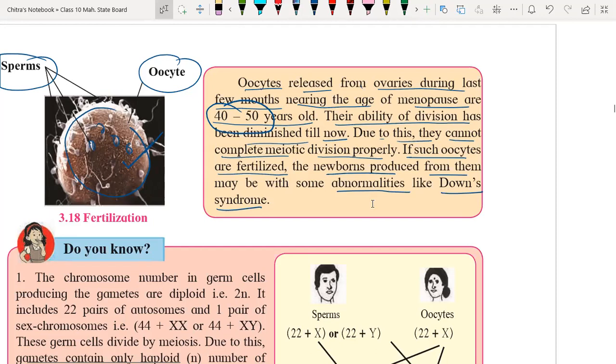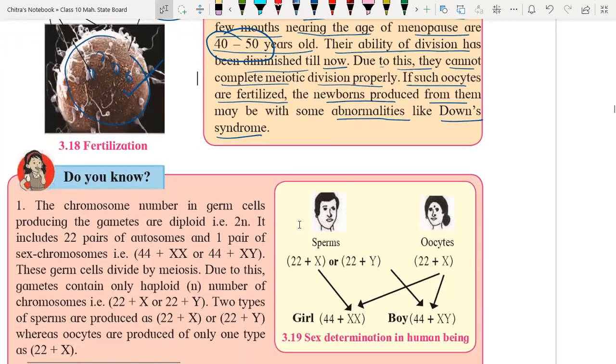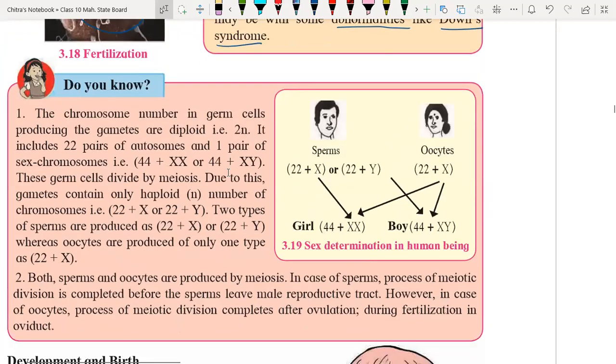Again, here we have to understand the determination of sex, whether the newborn baby is going to be a boy or girl. The chromosome number in the germ cells producing the gametes is diploid, that is, 2n.